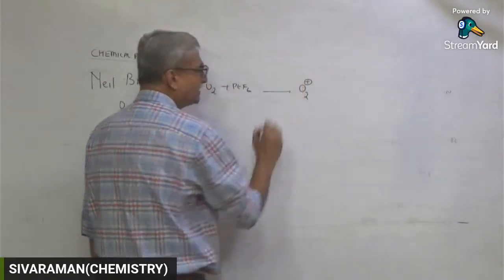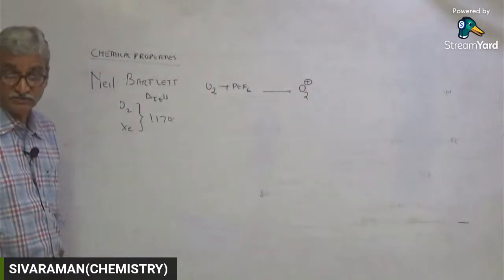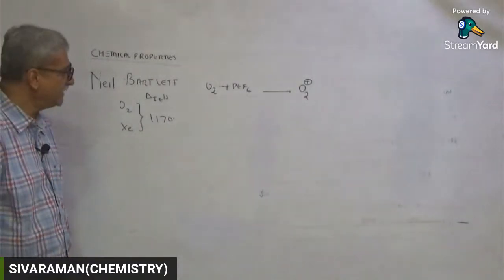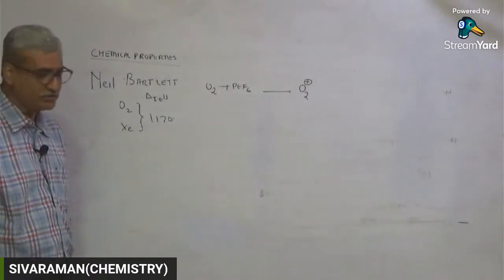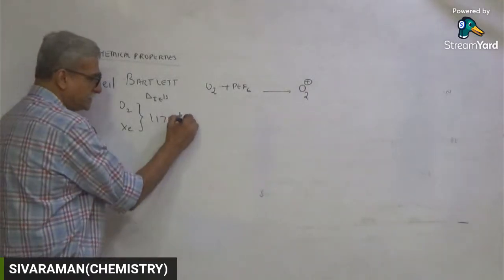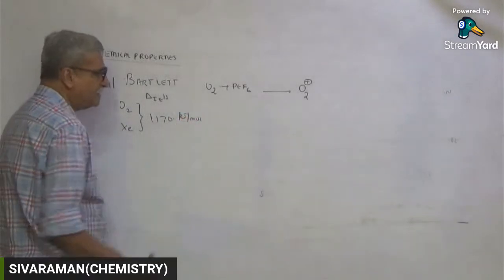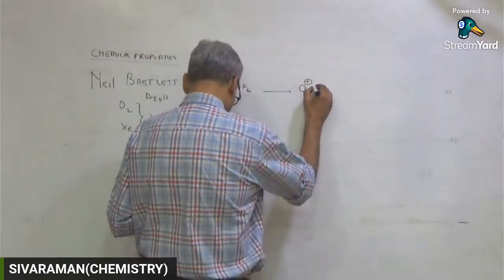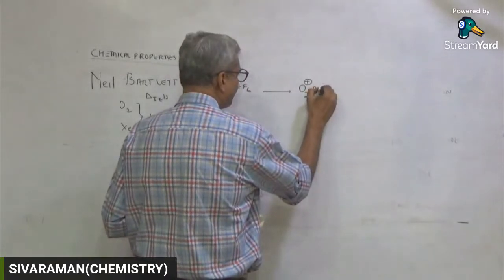O2 lost 1 electron. I'm not talking about the oxygen atom, but the oxygen molecule. From the oxygen molecule, if you remove 1 electron, this takes around 1170 kilojoule per mole. So this experiment was successful. That is, he got O2+ PtF6-.